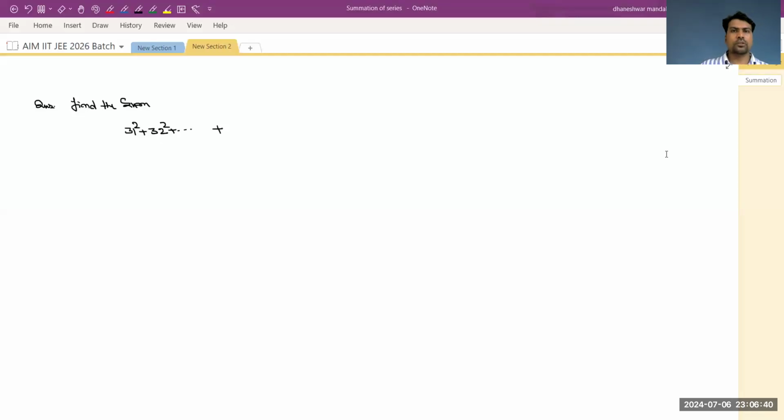So what we are going to do is find the sum of 31 square, 32 square, and similarly the rest. One method is to just find another term and then solve.